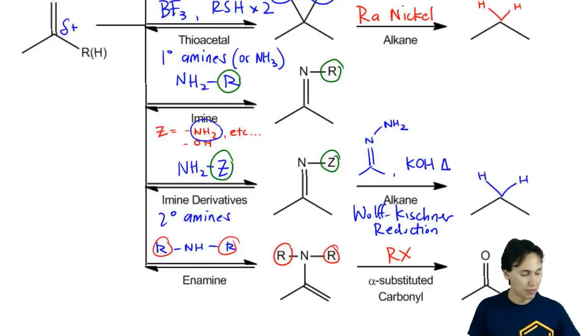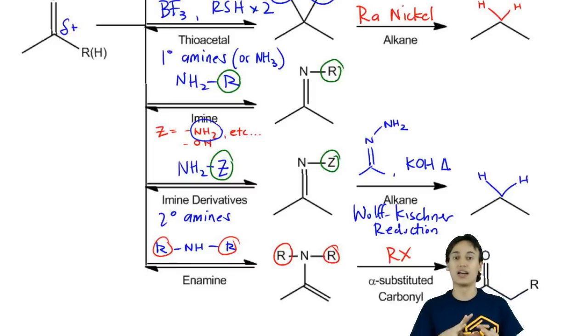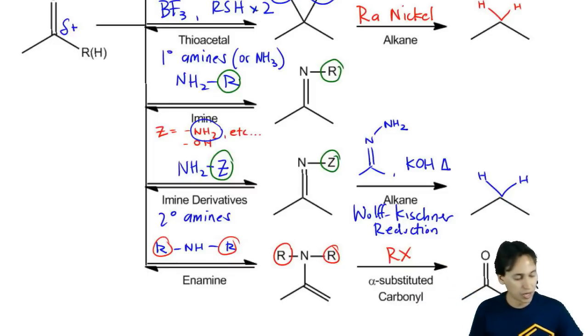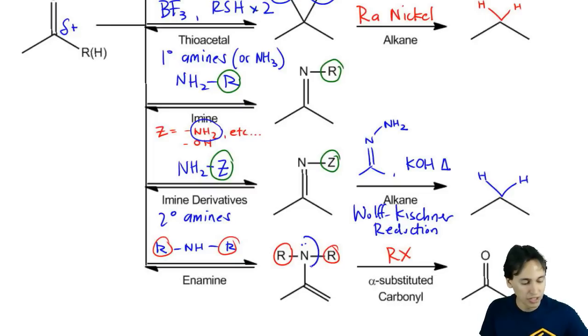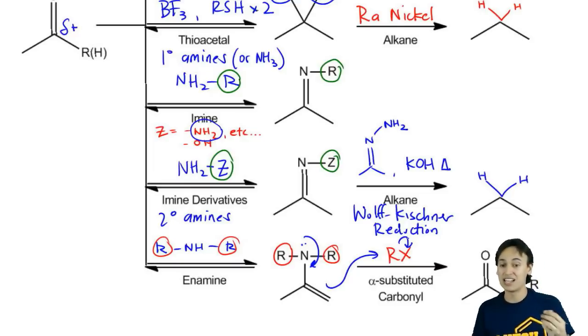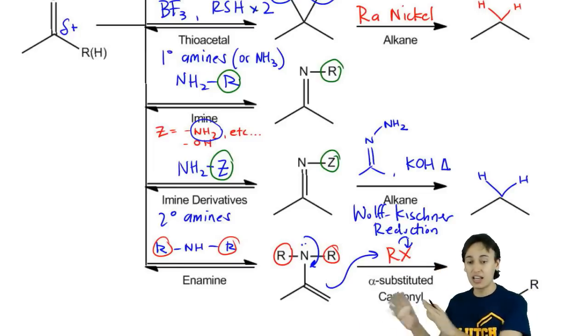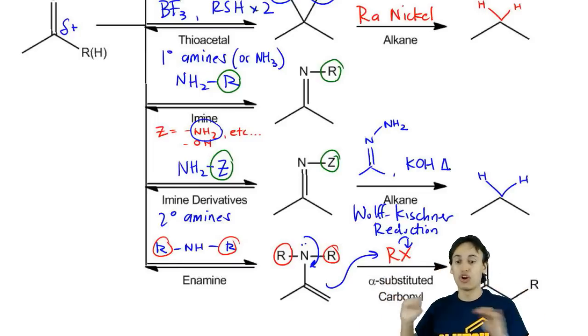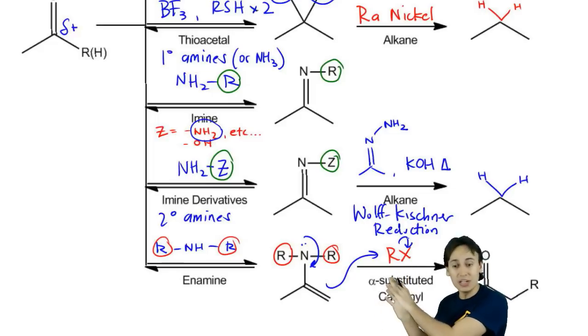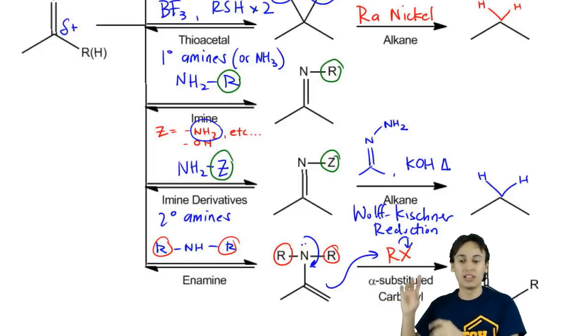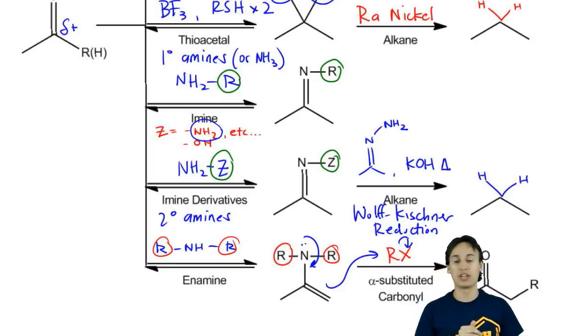We'll talk about it more in the enamine alkylation section of Clutch videos, but essentially you get a lone pair that jumps down, a double bond that attacks the R, basically does an SN2 reaction, and you wind up getting an R group where that enamine was. So this is a huge part of organic chemistry all on its own, is just talking about how enamines love to react with alkyl halides and other types of electrophiles to get alpha substitution, okay?